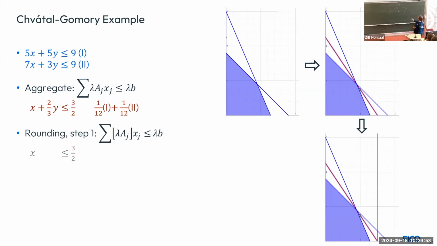Okay, so that's what we did here. We did a convex sum of these two, so this will go through the same intersection point as the intersection point of the two inequalities that you started with, and it will be redundant. Okay, first step of rounding. So I'm now relaxing this inequality here by rounding the coefficients down. 1 rounded down is 1, 2 over 3 rounded down is 0.